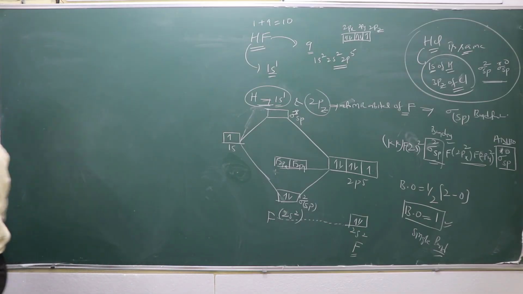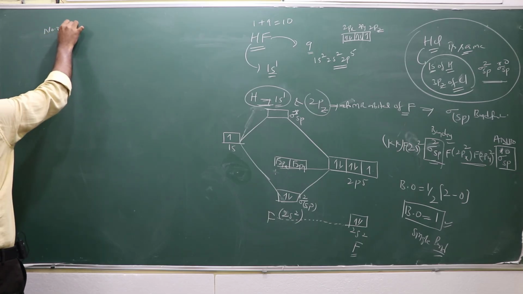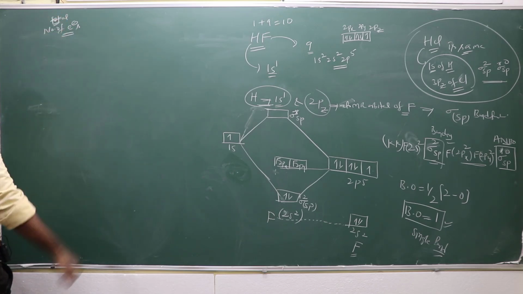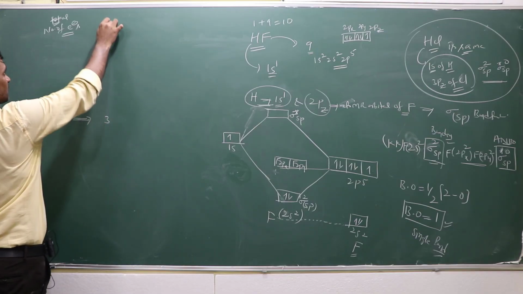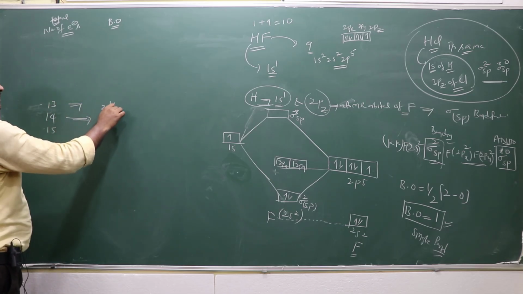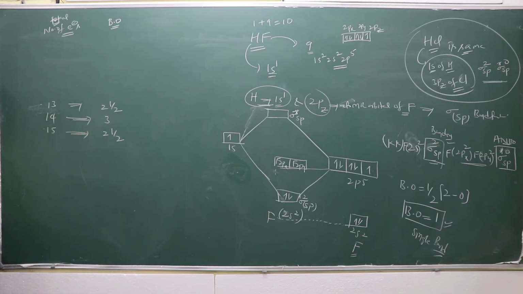If the total number of electrons is 14, you consider the bond order as 3. If the number of electrons increases or decreases from 14, for 13 you decrease by half, so the bond order is also half less.